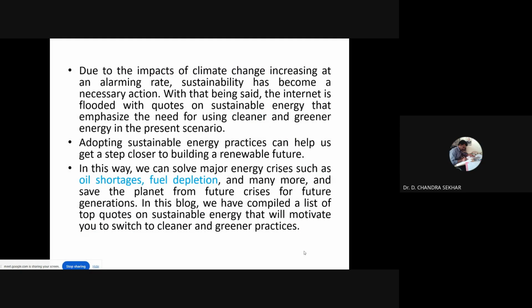Due to the impact of climate change increasing at an alarming rate, sustainability has become a necessary action. The internet is flooded with quotes on sustainable energy that emphasize the need for using cleaner and greener energy. Adopting sustainable energy practices can help us get a step closer to building a renewable future.